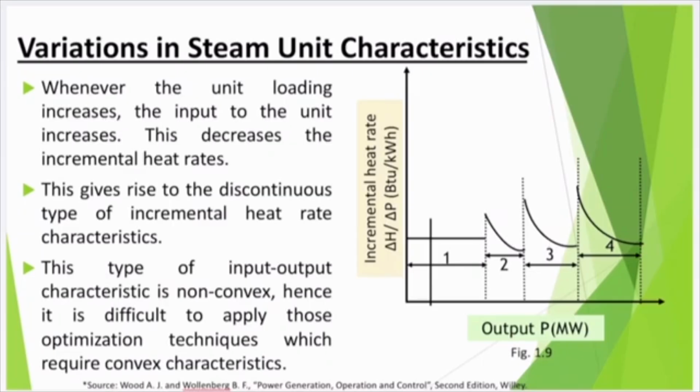So it is not linear, and you can see that there is a small jump, further reduced, and further reduced. So the incremental characteristic of a steam turbine with multiple valves is too complicated compared to a single valve system.